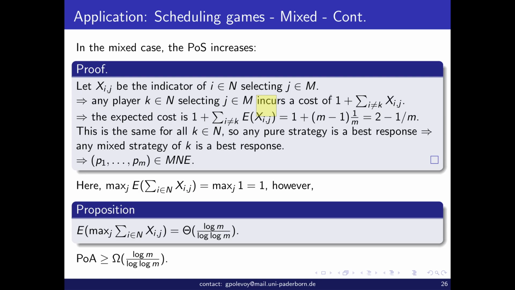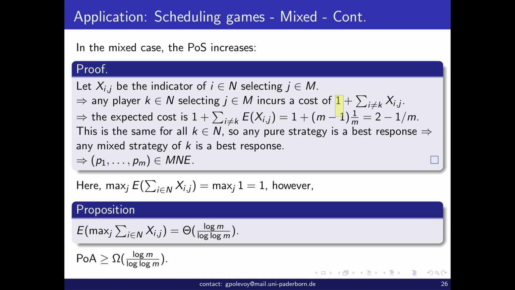And that is 1, because that player itself is on that machine, plus, we are talking about expectation, the number of other players who choose the same machine, so the i's who are not k.